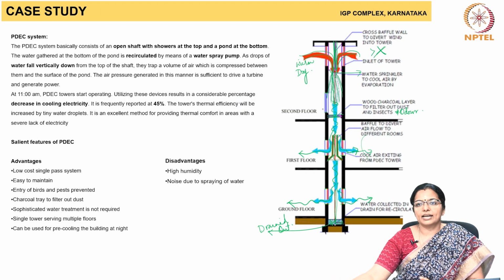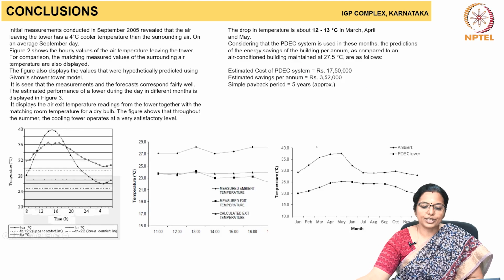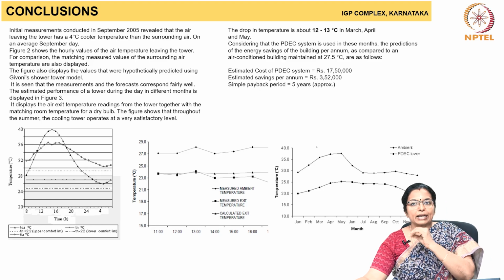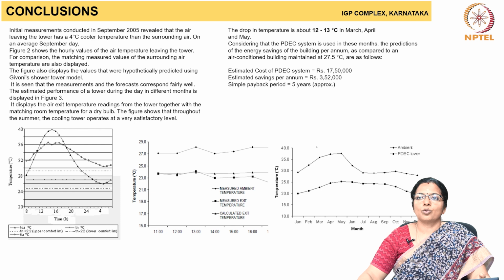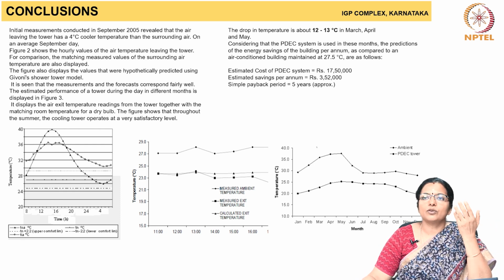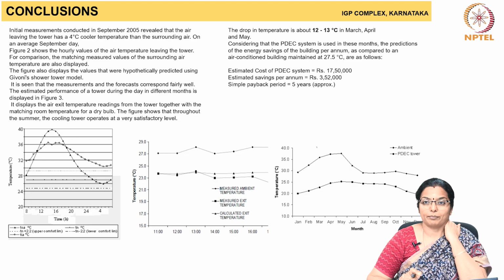So, this is a great method for providing thermal comfort in areas where electricity is also an issue. Measurements conducted in September 2005 showed that the air leaving the tower is at least 4 degrees centigrade cooler than the surrounding air. This happens on an average September day.